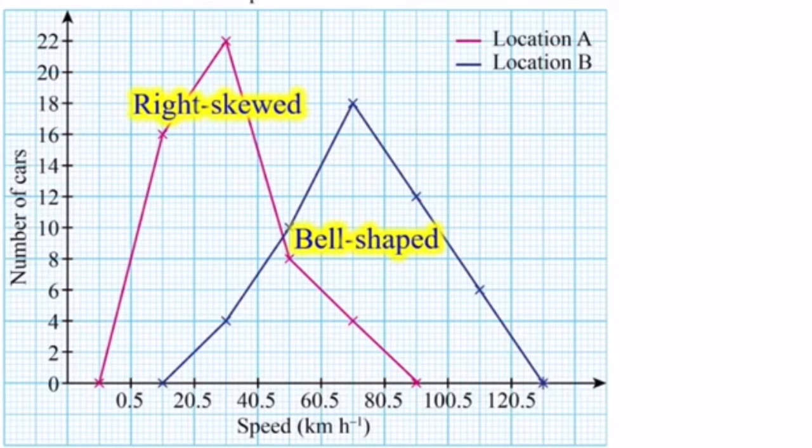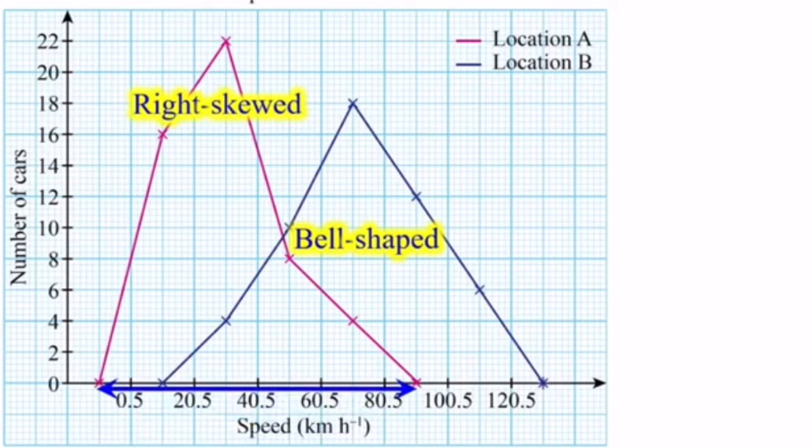Now I want you to observe the dispersion of the pink graph and the blue graph, meaning location A and location B. Which one is more dispersed if we want to do a comparison between them? So we will draw the line like this.